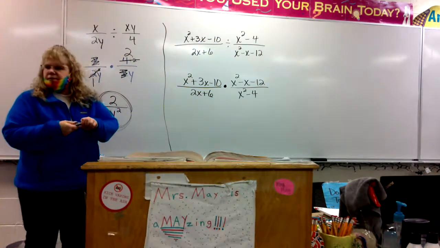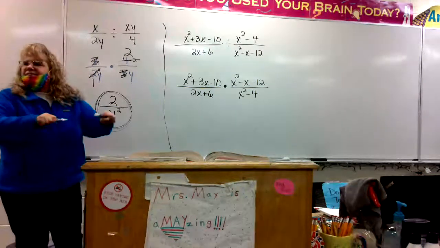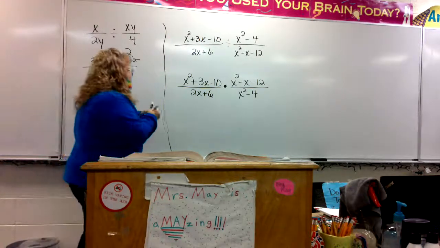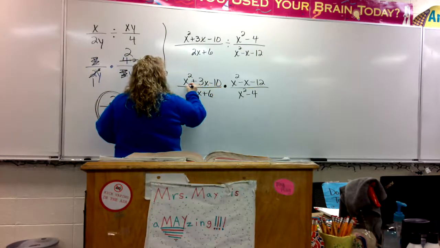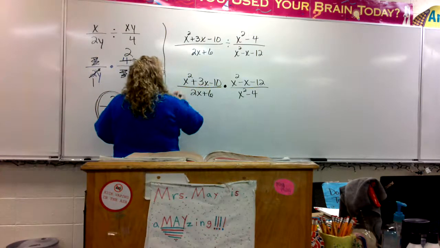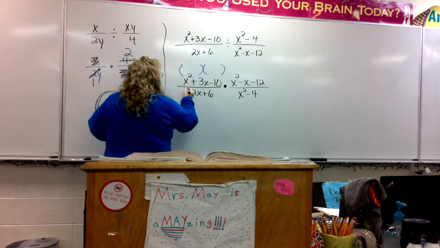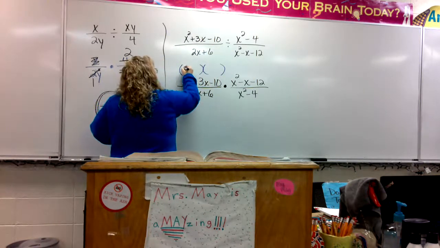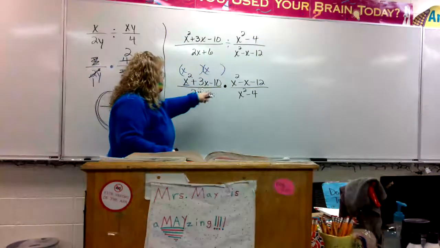What do you have to do? Right, good, yes, you have to factor. Is there anything in common with these three terms? No. So then we have to see if we can factor it like this. For the x squared, that has to be x times x.